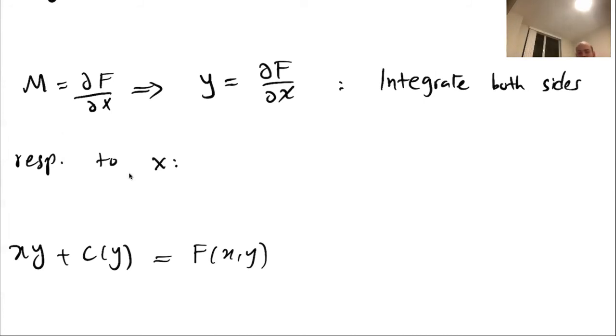Antiderivative of y is xy with respect to x, but then I'll also have a function of y included. The constant will be the function of y because the integrating and differentiating everything is with respect to x. Therefore, y is considered as a constant.